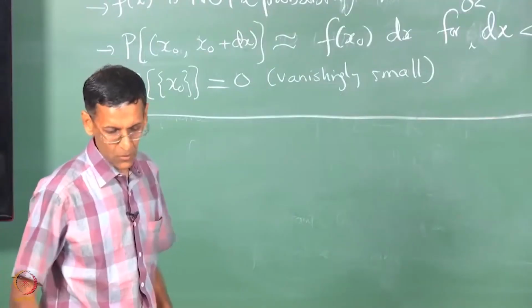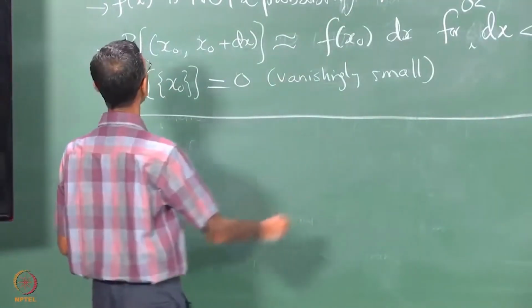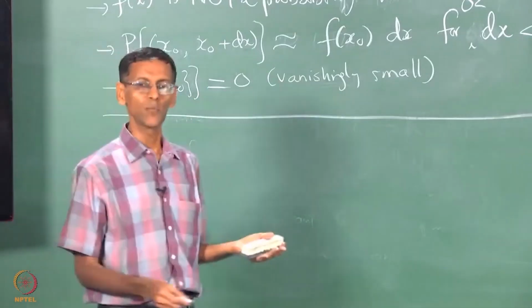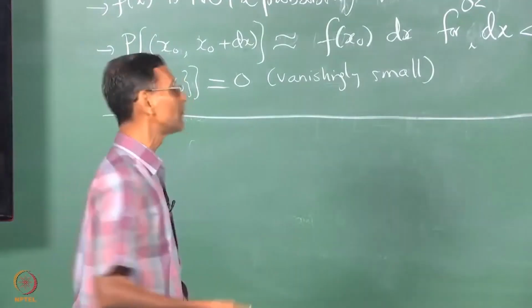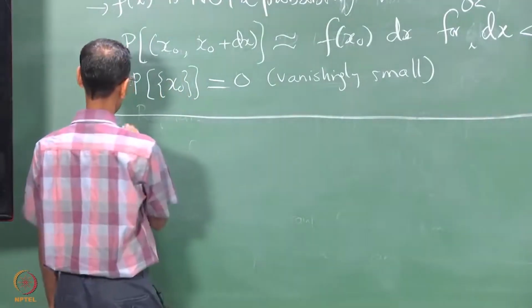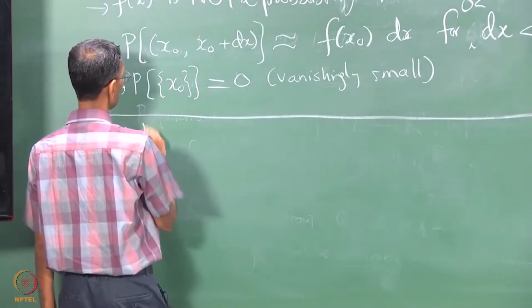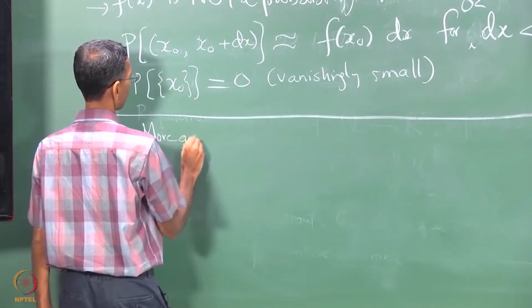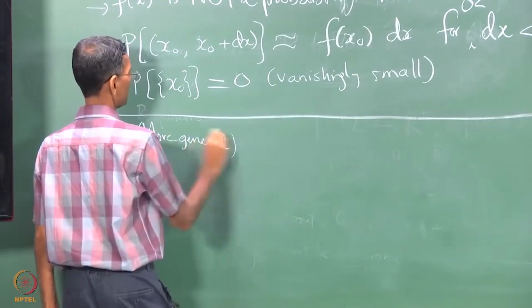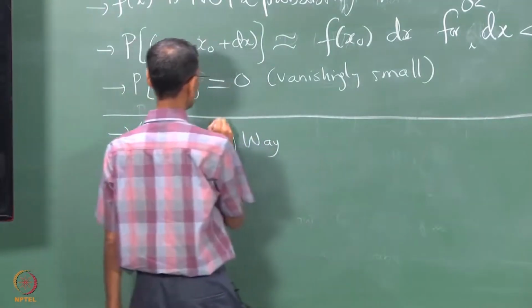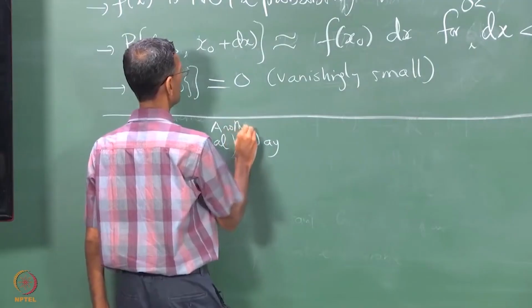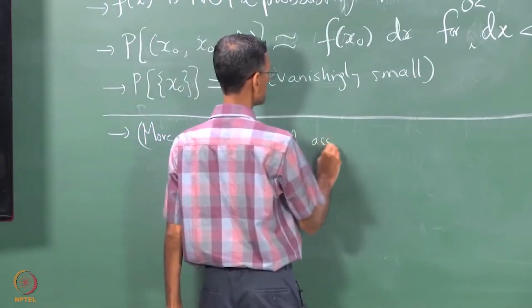Okay. So now this, as I said, is one way by which you can assign probabilities to these Borel sets. A different way, or a more general way, in fact it turns out, another more general way of assigning probabilities is through what?